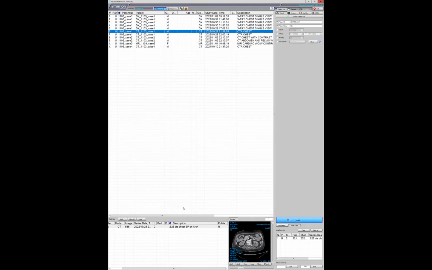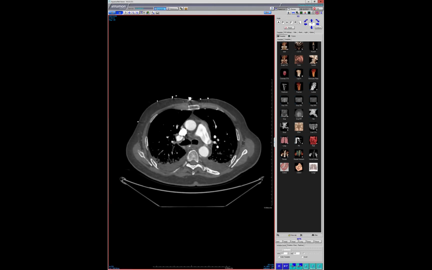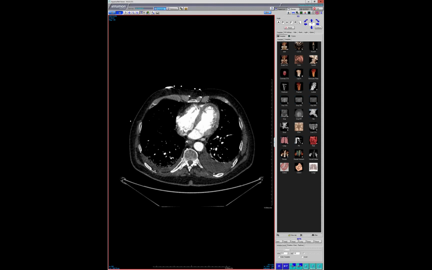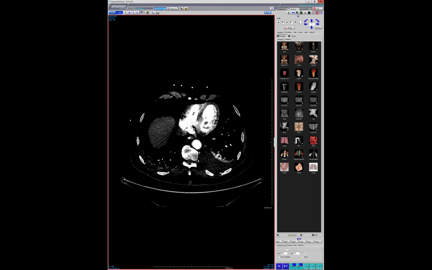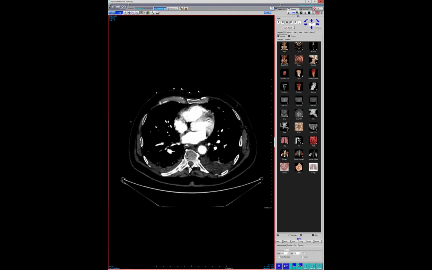All right, so this is a gentleman who had an infarct. You could see here that his LAD territory is dramatically hypoperfused, and there's this abrupt transition from normal thickened myocardium to a large LAD territory infarct.